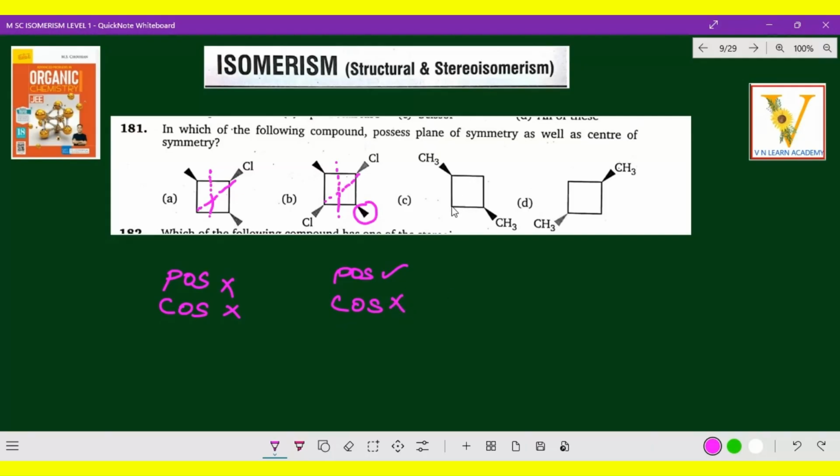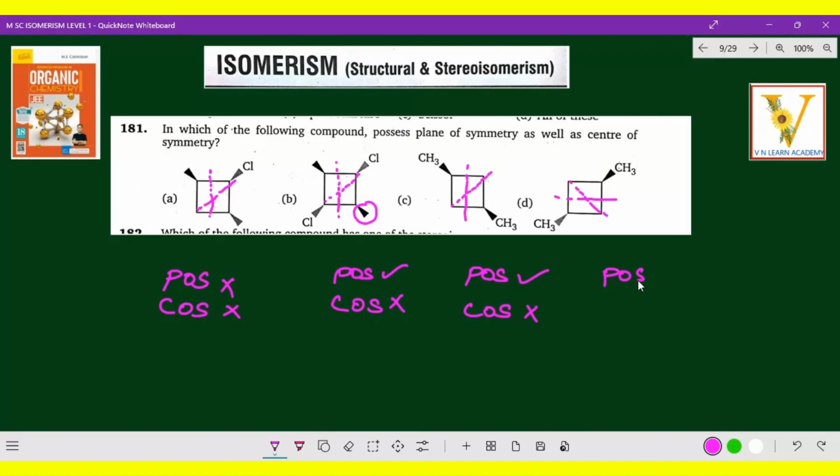In the same way, for the next one, as we cut over this side, POS is there, and COS is absent because both are wedge. And on this side, one is wedge and the other is dash. When we cut over this side, POS and COS both will be present.